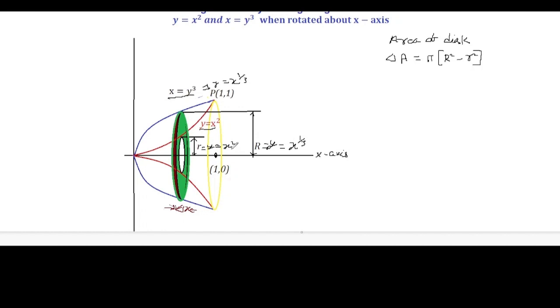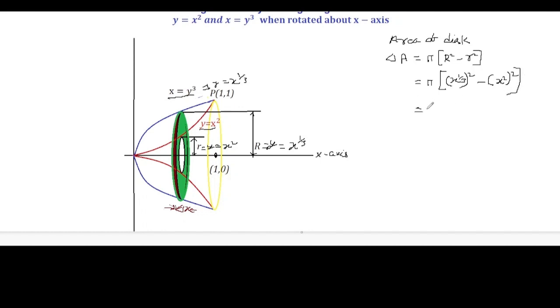By substituting both the radii into this delta A, we can finally get pi times (x to the power 1/3) whole squared, minus small r squared, that is (x squared) whole squared. We just need to simplify a little bit.